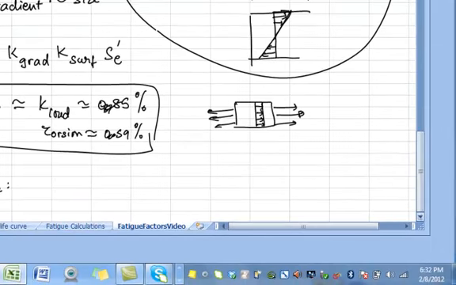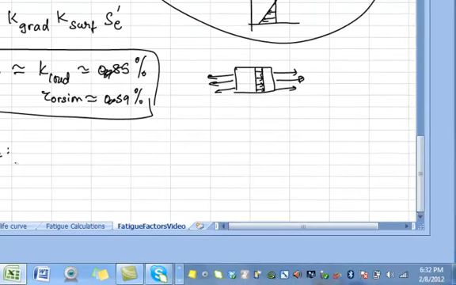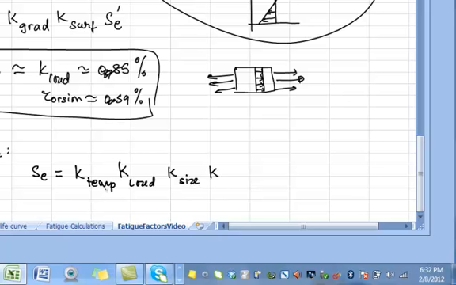So the net thing is the following. Our total SE prime, the actual load, is K temperature, K load, K size, K surface times SE prime. So I got to multiply it by 4 factors.